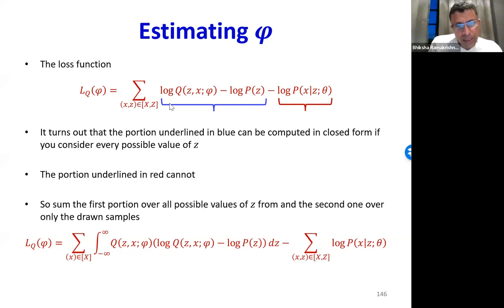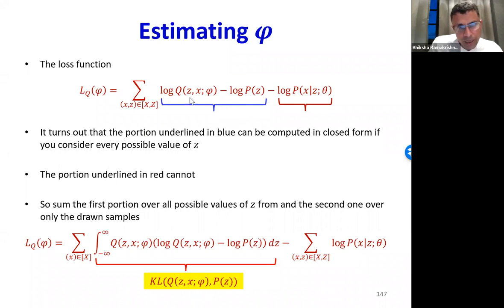So it turns out that for this first portion, we'll assume every possible value of Z, which just gives you the KL divergence between Q of Z given X and P of Z, right? And P of Z we saw was a standard Gaussian, because P of Z is the standard Gaussian that goes into the nonlinear Gaussian model. And the second term is simply P of X given Z.